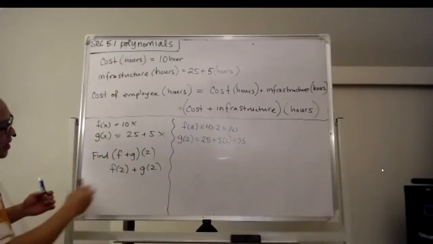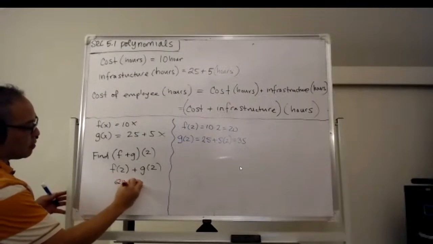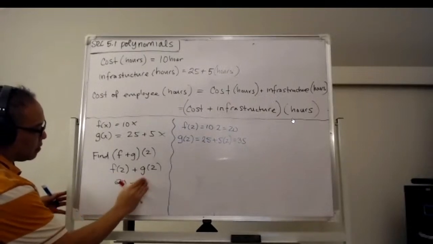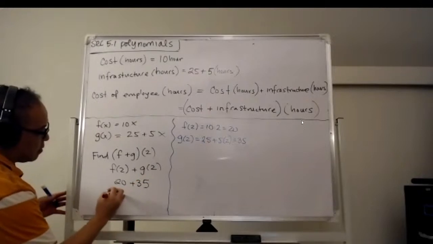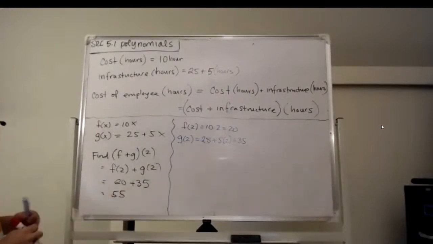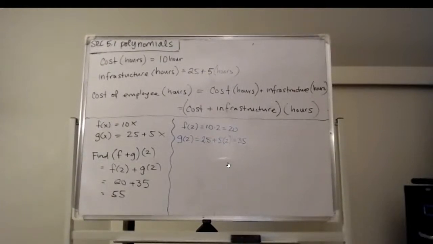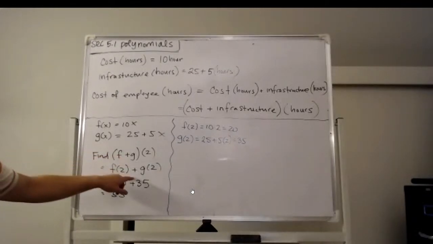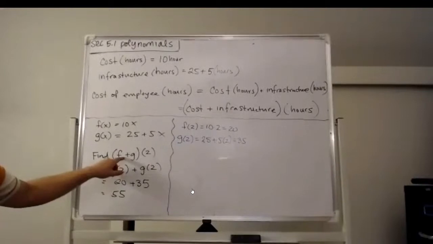And once you do that, you put both of those values here. Now, whatever operator is here goes here. So if it's a minus, that's a minus. If it's a multiply, it's a multiply.